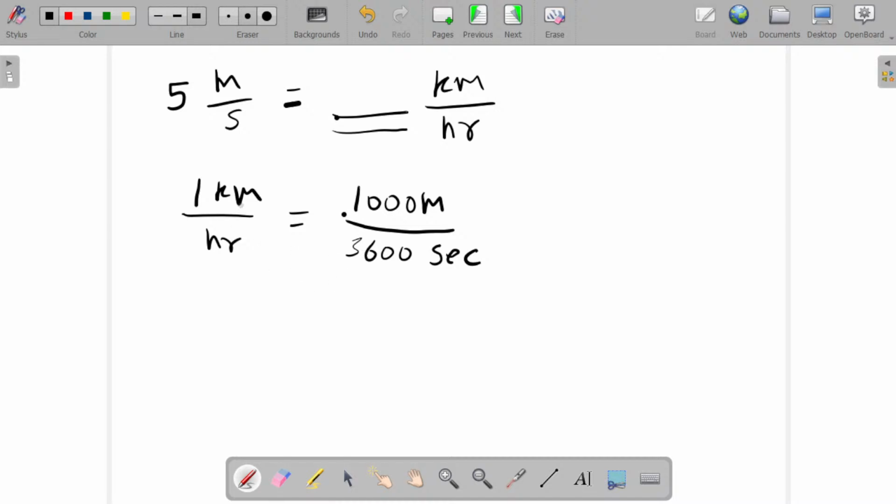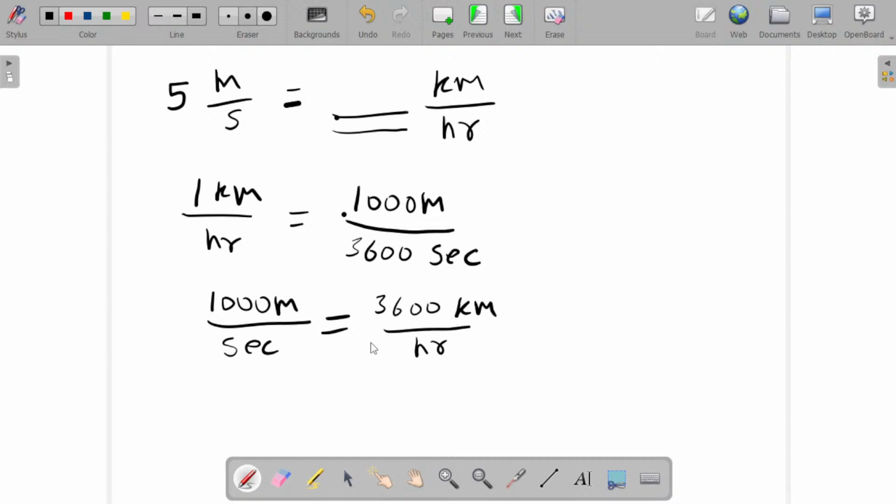We have been asked for meter per second, so we take this 3600, which is in the denominator, to the other side, and 1000 meter per second equals 3600 kilometer per hour. Here 1000 is in the numerator, so it will come to this side as part of the denominator.